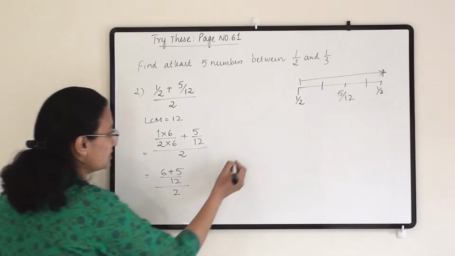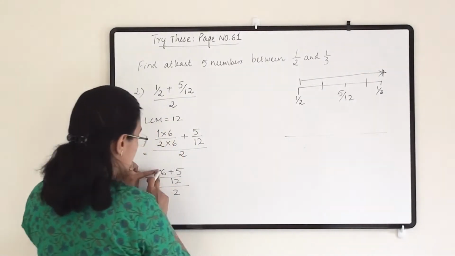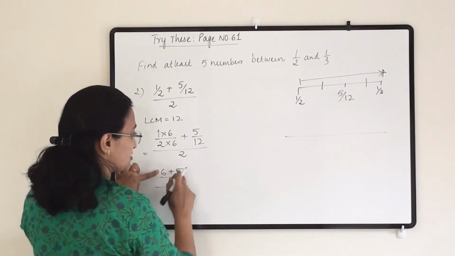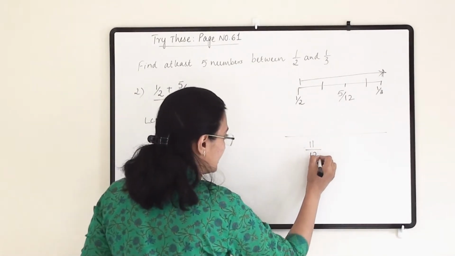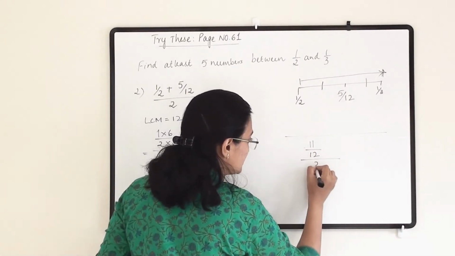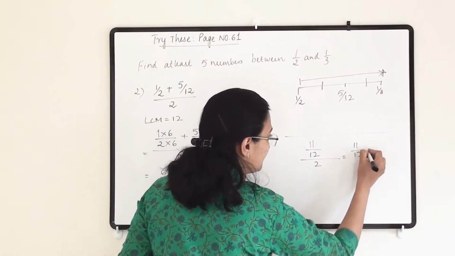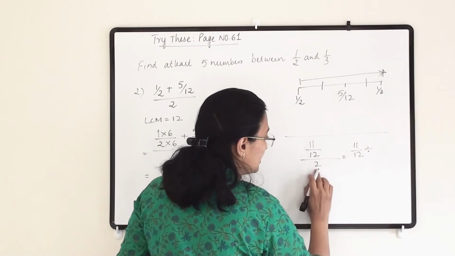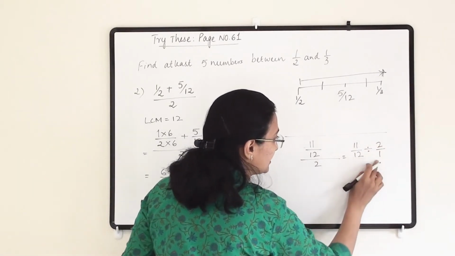How will it go here? I will just show you. This is going to give us 6 plus 5, which is 11. So 11 divided by 12 is there, and in its denominator 2 is there. So I can write it as 11 divided by 12 in division with 2. 2 is a whole number and I can write 1 in its denominator.